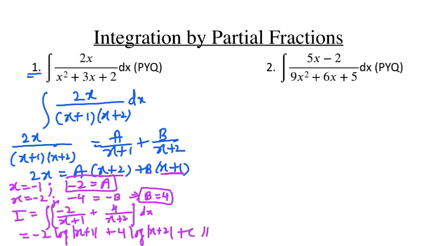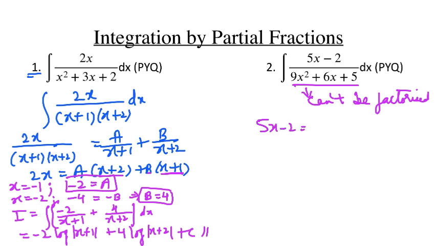Now let us look at this quadratic polynomial, children, and in this quadratic polynomial, please observe that the denominator cannot be factorized by splitting the middle term. When the denominator cannot be factorized using the middle term splitting method, then we will resort to our method of rewriting the numerator, which is 5x minus 2 over here, as a into the derivative of denominator, which is going to be 18x plus 6, plus b.